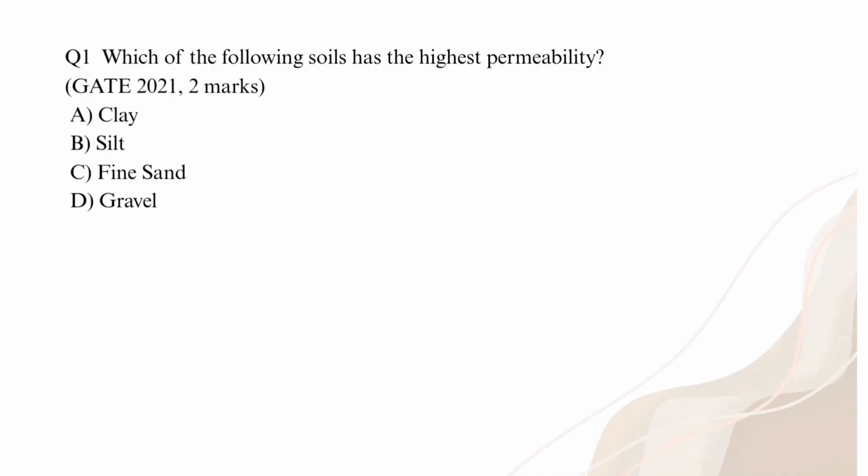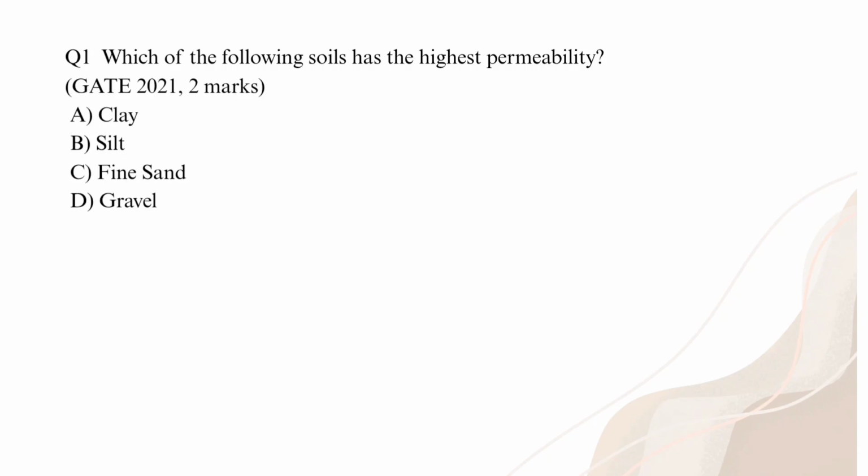So our very first question is, which of the following soil has the highest permeability? This question was asked in GATE 2021 for 2 marks. Options are: option A clay, option B silt, option C fine sand, option D gravel.